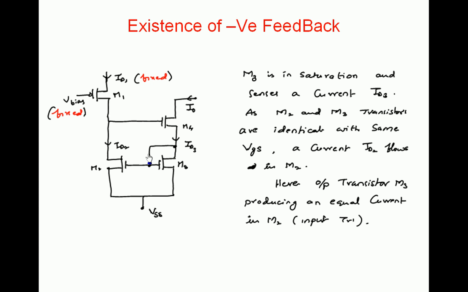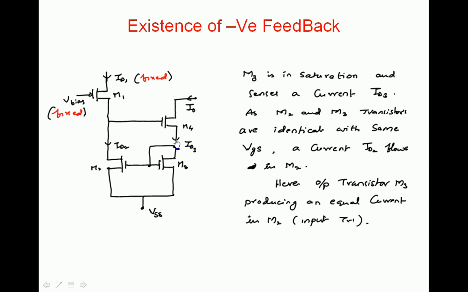So no need to provide external biasing, it provides bias itself, so definitely a current exists in the diode connected transistor. So ID3 flows. Whenever ID3 flows, M3 and M2 form a simple current mirror whose VGS voltages are the same, so this ID3 makes an equal current flow in M2, so that ID2 flows. ID2 is simply equal to ID3.